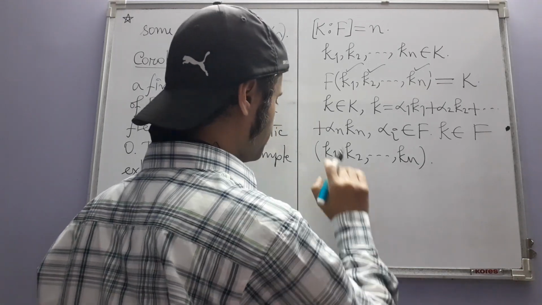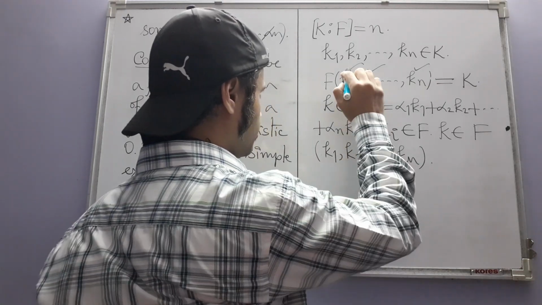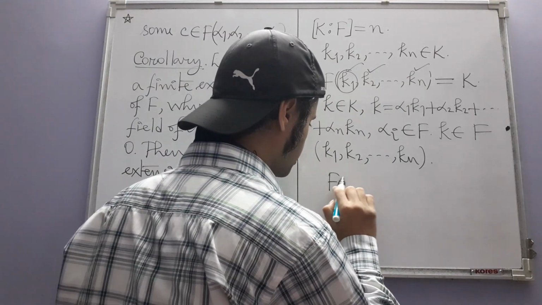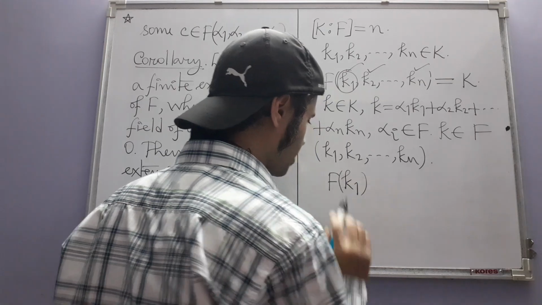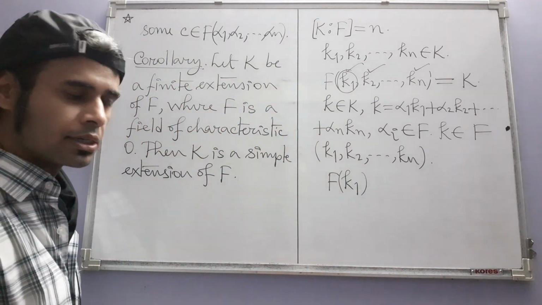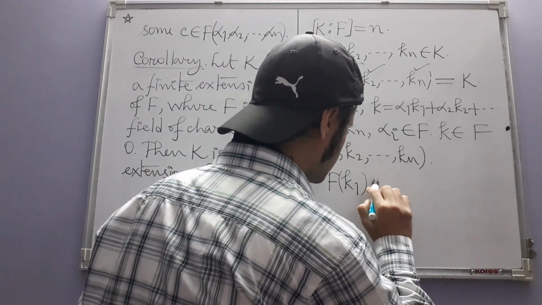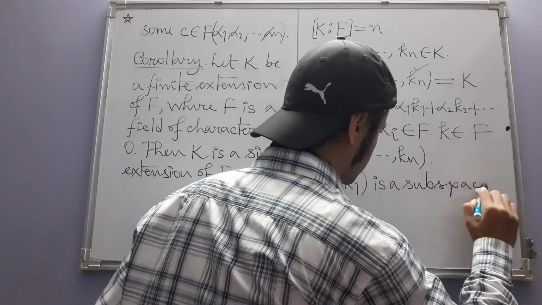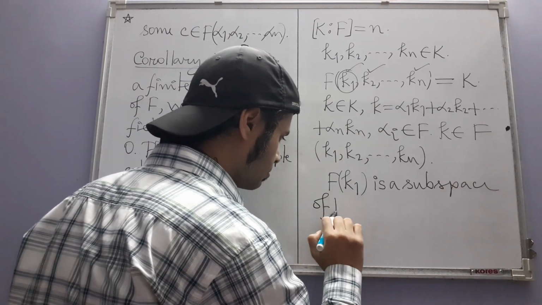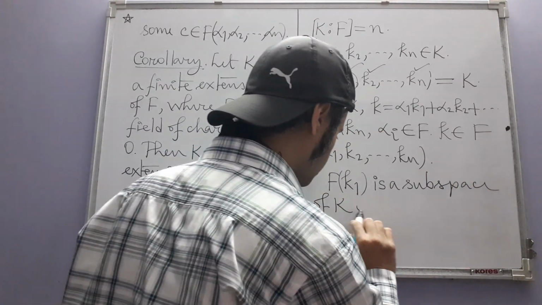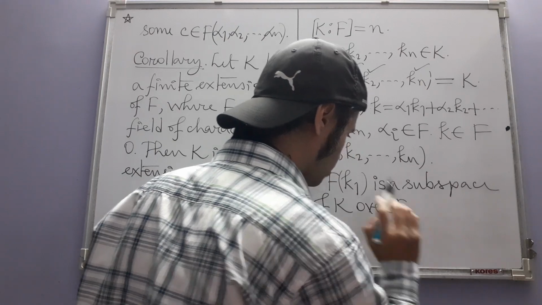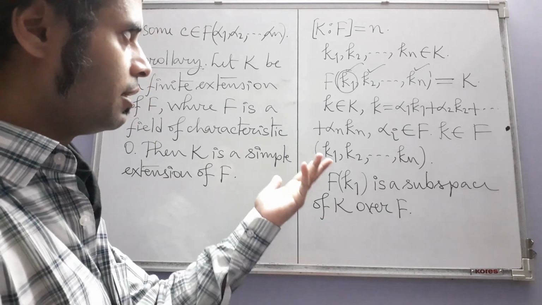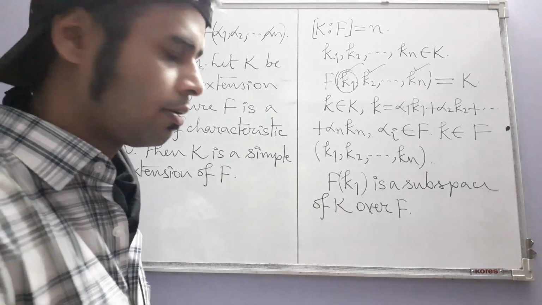You see, say you consider k1, and you consider the extension of F obtained by attaching k1 to F. This is a subspace of K over F. So its dimension over F will be less than or equal to n, and it is finite after all.